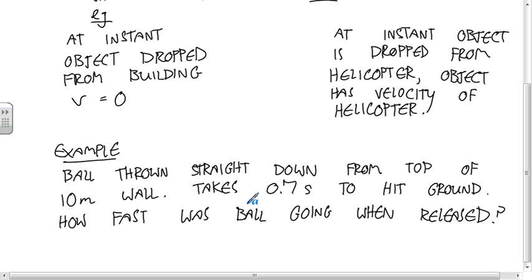What's the difference? Yeah, that it's thrown. So if something says dropped, you know that its velocity at the instant it's released is the velocity of what it's dropped from. If it says thrown or launched or something, there's going to be some extra velocity one way or the other.